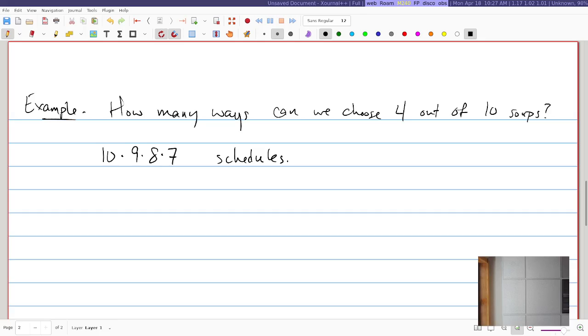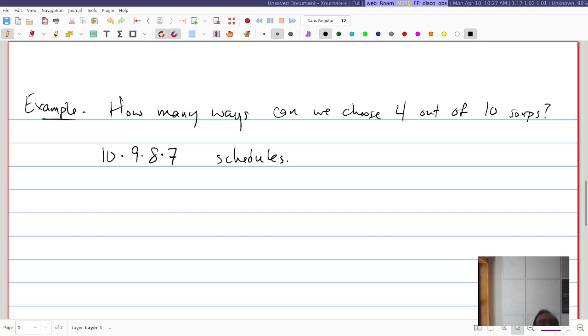Okay, yeah, that's right, for the same reason. If I have 4 things and I want to put them in an order, I have 4 ways to choose which thing goes first, 3 ways to choose what goes next, and then 2.